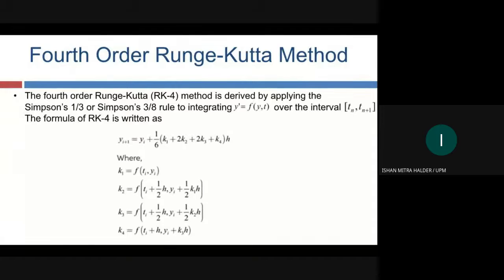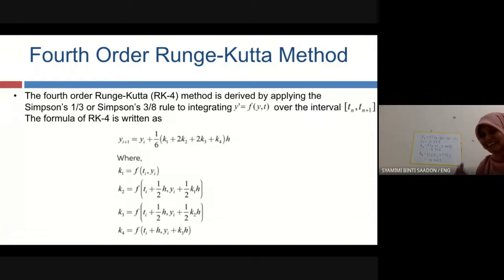I know it takes time for you to calculate, but I'll give the answer first. So this is our k1, k2, k3, k4, but we have not finished yet. Once we achieve all these k1 until k4, then we can calculate only y1, not yet y4. y4 is a long journey.